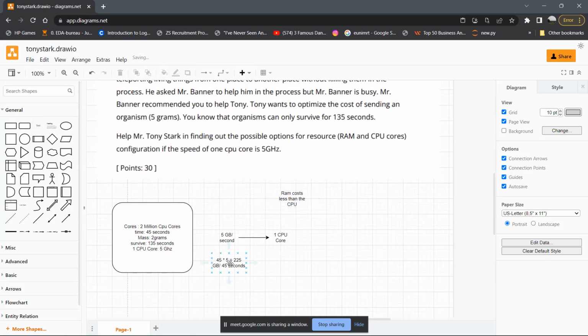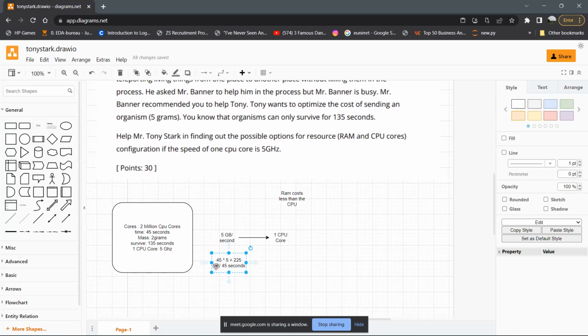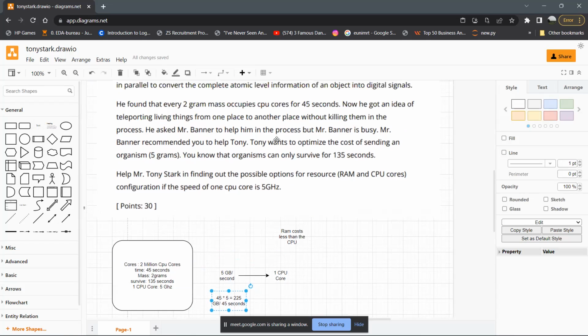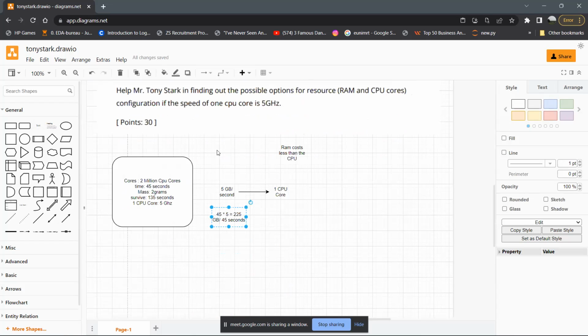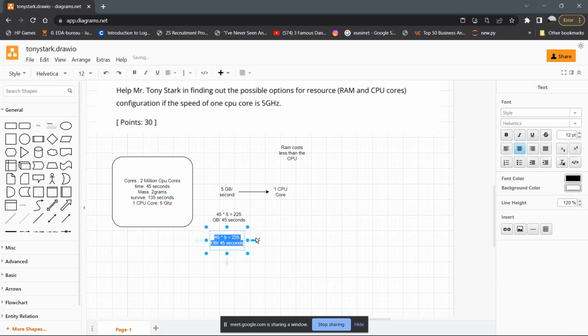So now what we know is that 225 GB is being used for 45 seconds by each core. Okay. And this is able to transfer 2 grams. Now for 4 grams, what you can do is increase the memory to 225 times 2, right?